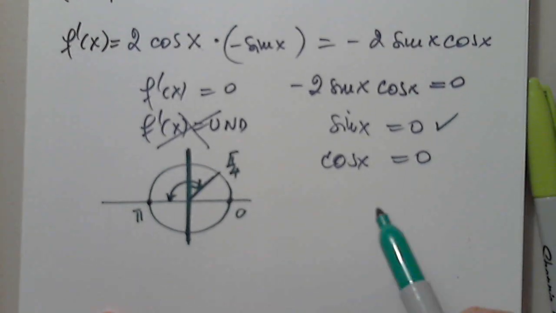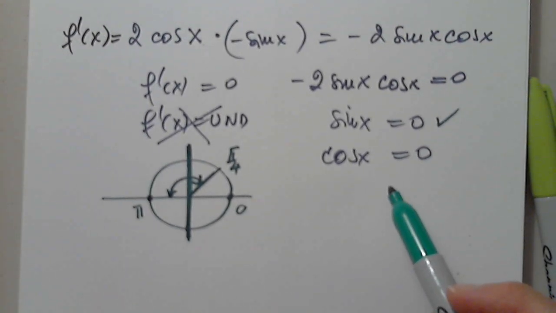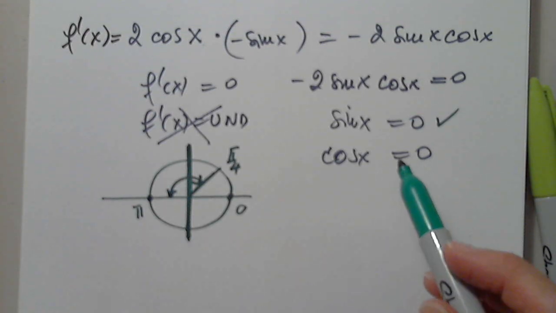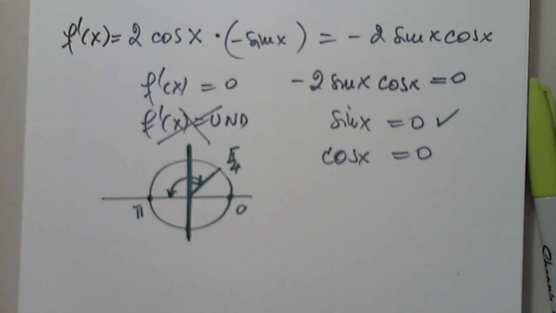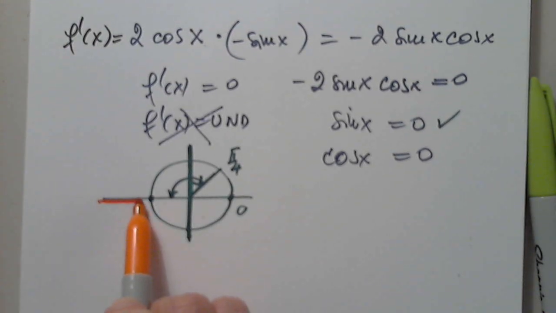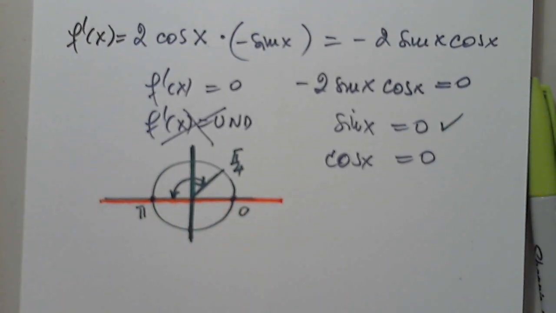So I did put it in. But now cosine is 0. Where is cosine 0? And remember, cosine is measured on the x-axis. Where is cosine 0? Pi over 2 and 3 pi over 2.